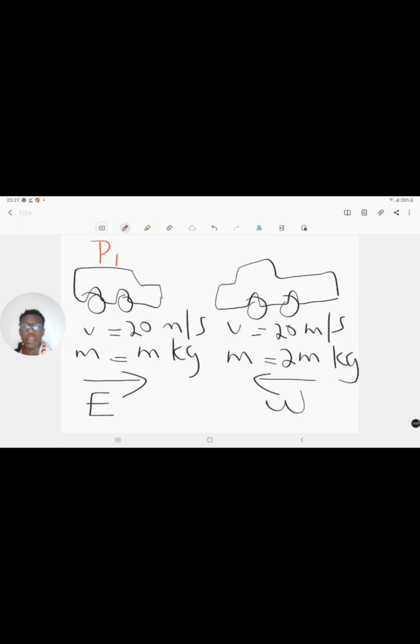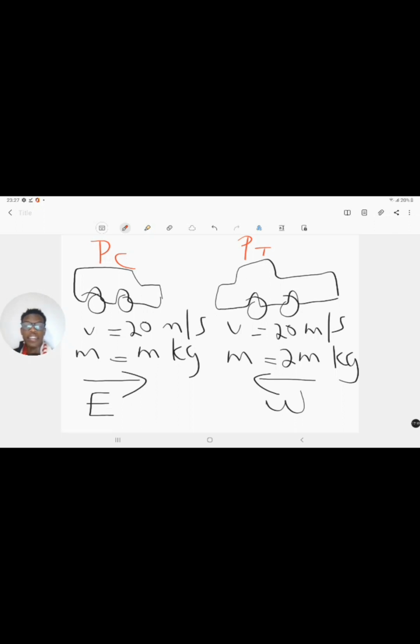I'm going to call it P1. In fact, I'm going to call it PC for momentum of the car. And then I'm going to call this PT for momentum of the truck. Doesn't matter what you call these things. You can call these things whatever, as long as you specify what these things are, right? So momentum is P, so I'm going to say P sub C. PC is the momentum of the car, and PT is the momentum of the truck.